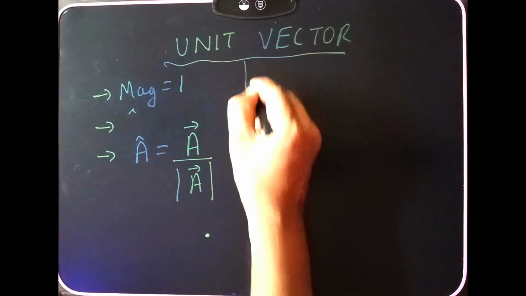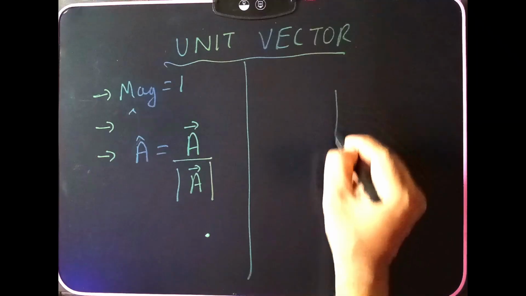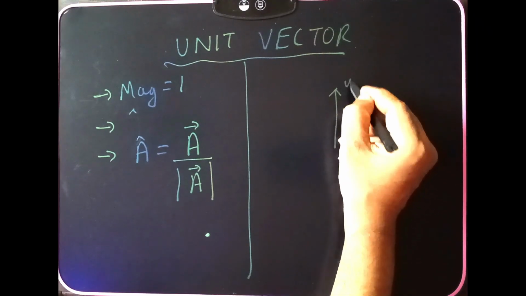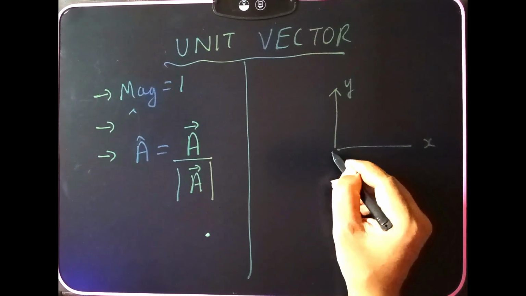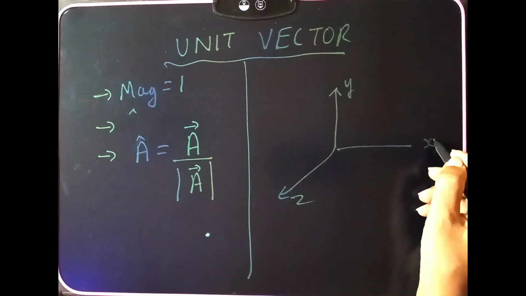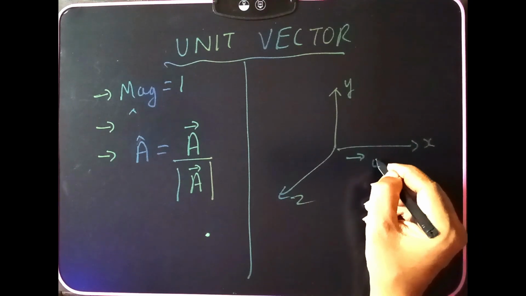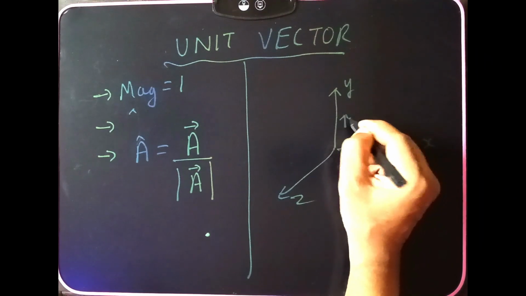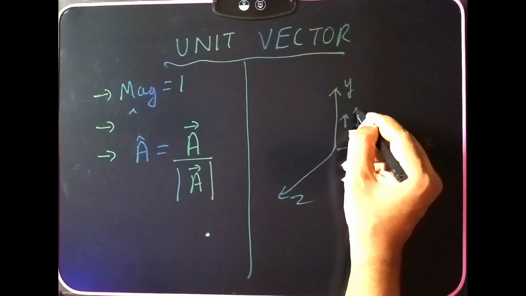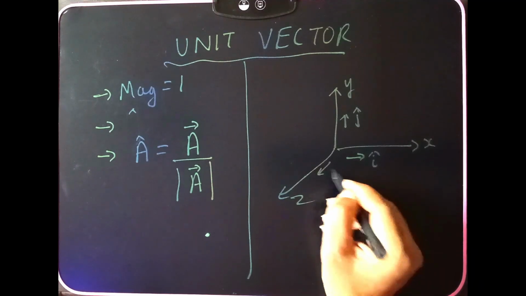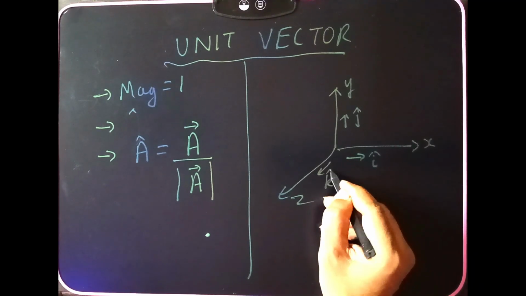For the components along x, y and z: along x the unit vector is denoted by i cap, along y by j cap, and along z by k cap.